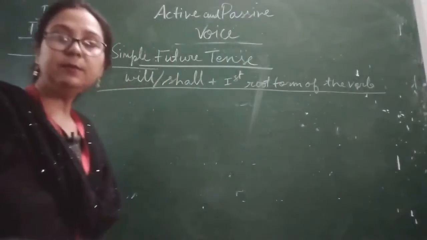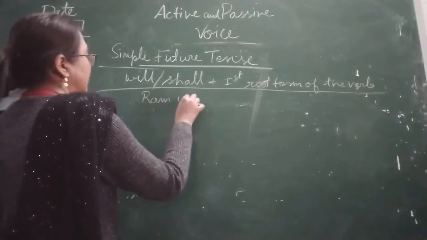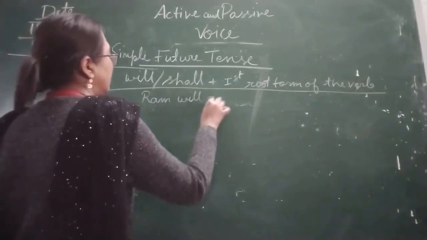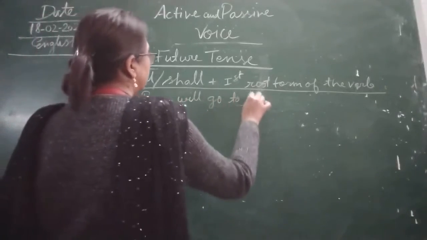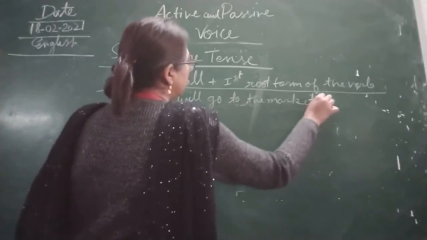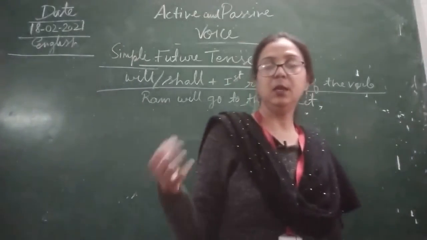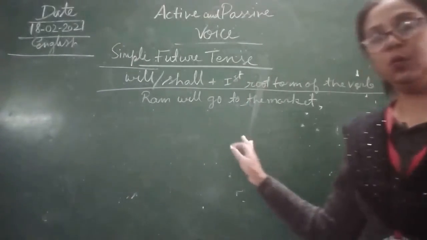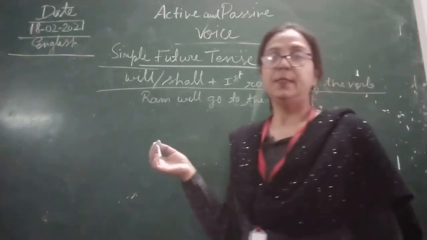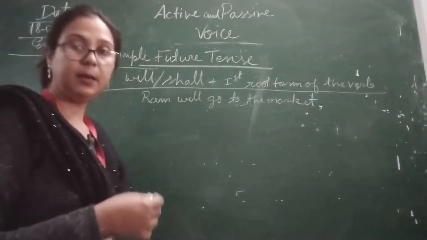This is the rule of making simple future tense. Okay. I'll give you one example. Ram will go to the market. Okay. So this is future tense. Ram will go to the market. It means he will go in the future. That is why it is written Ram will go to the market.